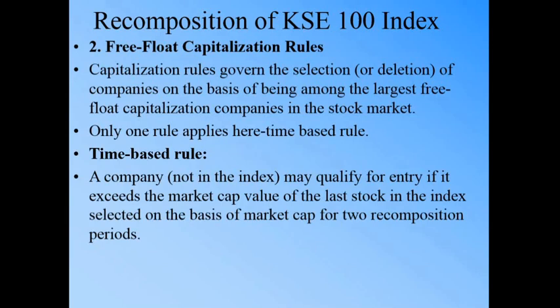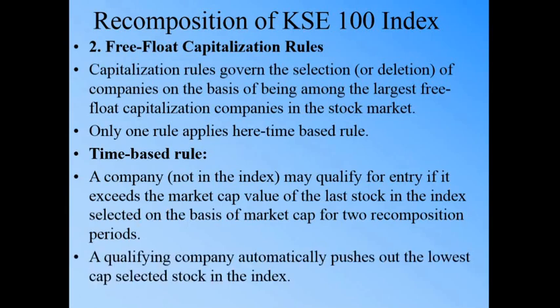If it keeps its position for two recomposition periods, then the last company out of the 65 will be pushed out, and this new company will be included, and this is how the recomposition will complete.